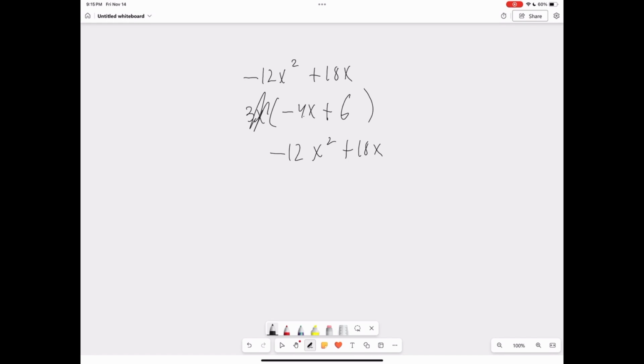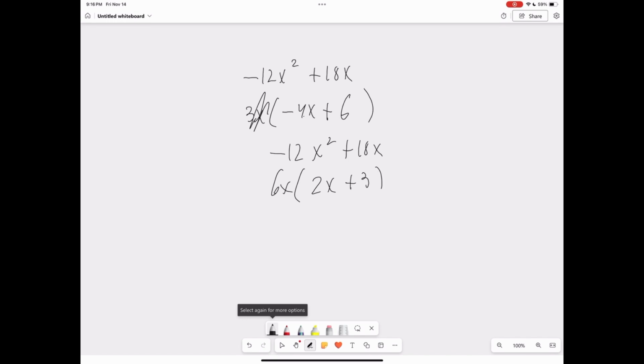Then let's take out x. Oops, I said 12 divided by 6 is not 2 there. So let's take out 6x. So negative 12 divided by 6 is negative 2x, and then 18 divided by 6 is 3.